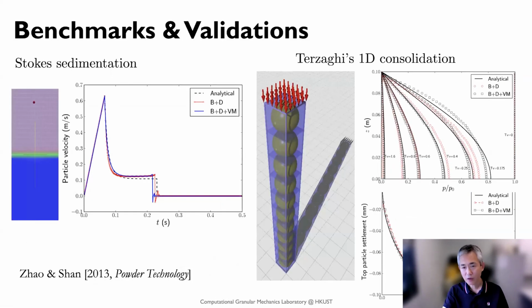And then, of course, when we develop a new method, we need to first benchmark it, and there are some analytic solutions that we can make use of for benchmarking here. For example, first, the Stokes sedimentation is a benchmark where we drop a spherical particle into a container here, and there's an analytical solution provided, so we can benchmark against it.